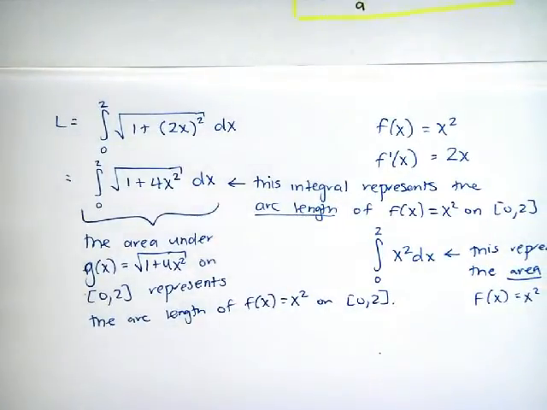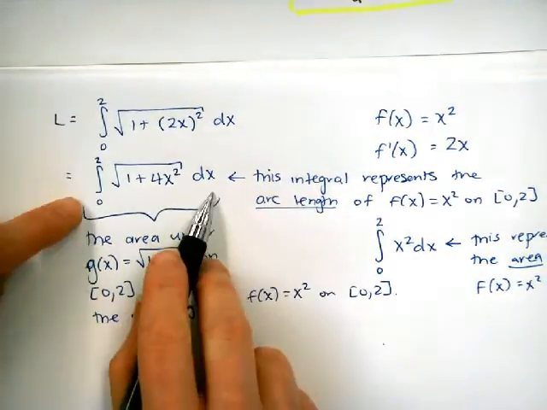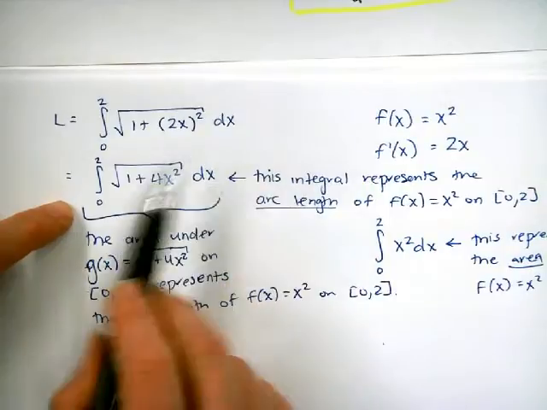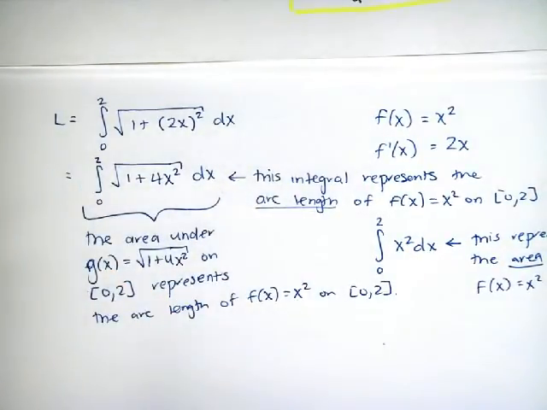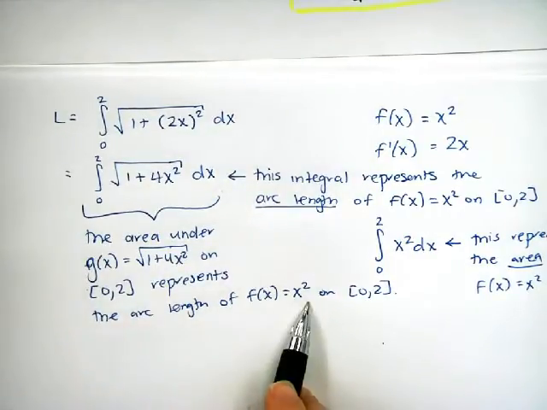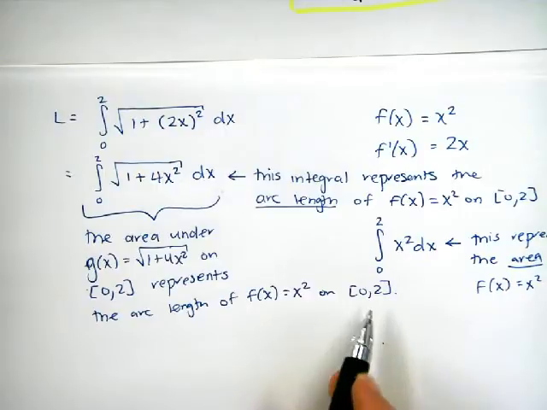Does that make sense? Because this is an integral, if I think about this representing the area under this curve from 0 to 2, that number also represents the arc length of this curve on the interval from 0 to 2.